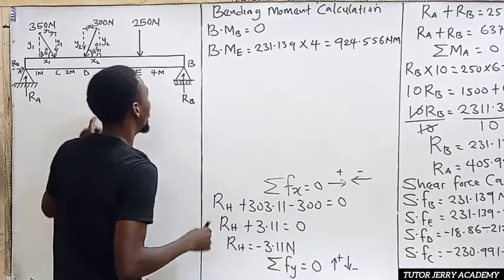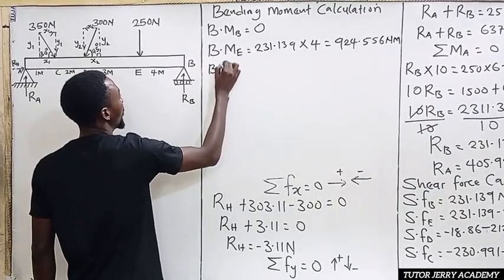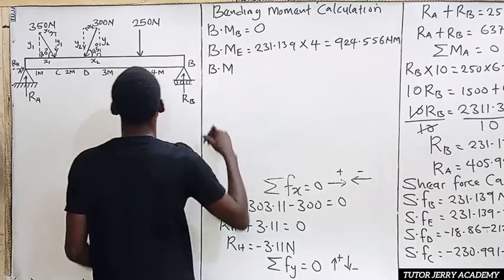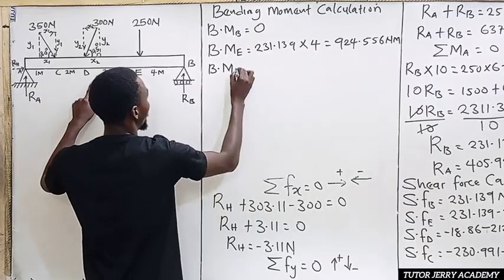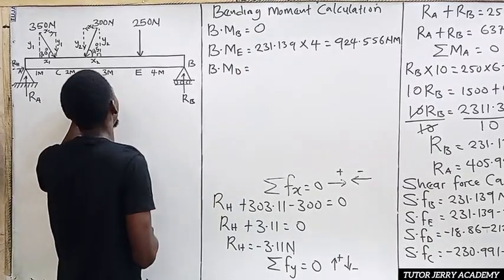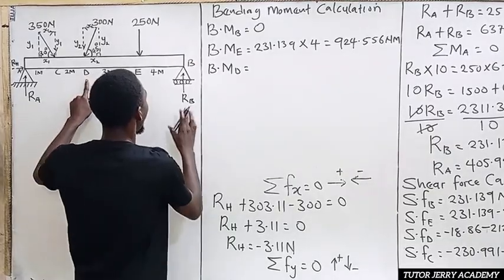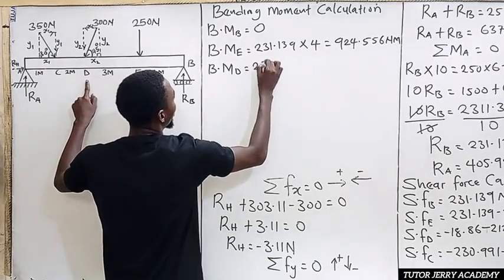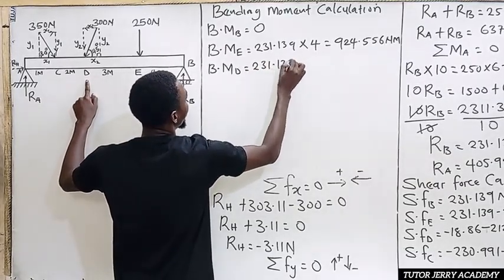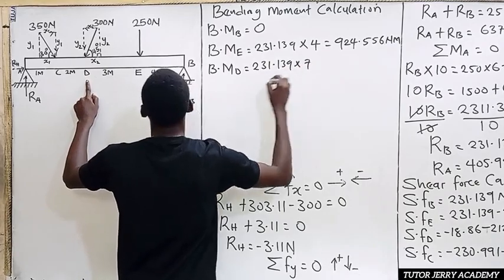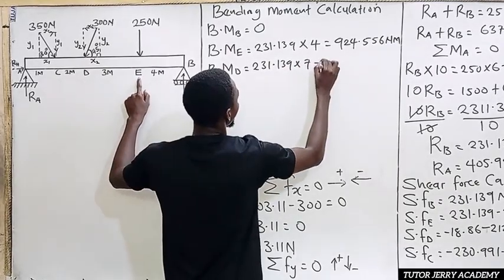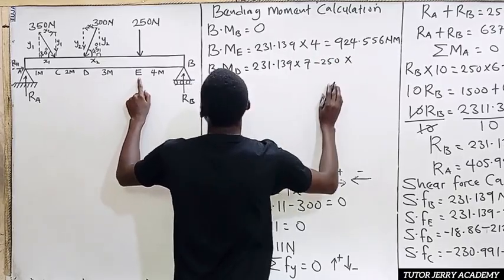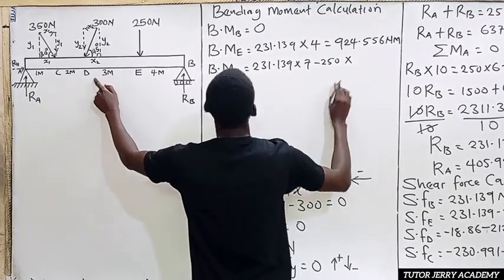So now the next one is the bending moment at point D. All right, the bending moment at point D. So we are going to have ROB multiplied by total distance, which is 7. 231.139 multiplied by 7 minus 250 multiplied by 3.